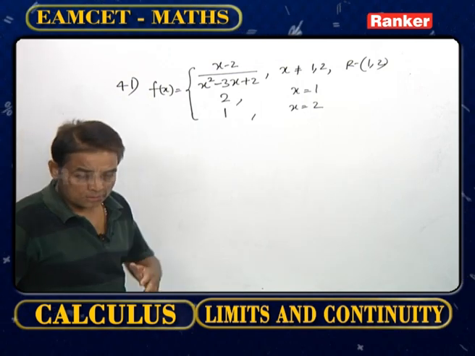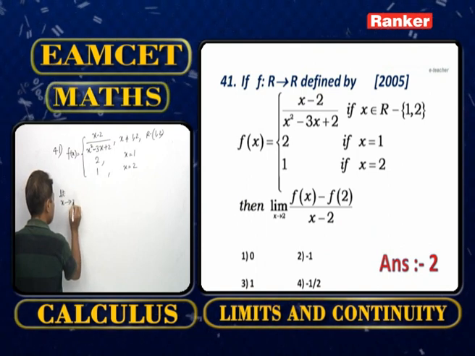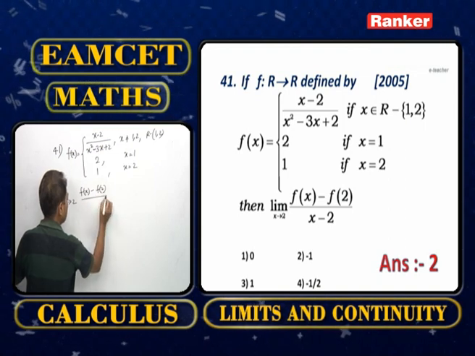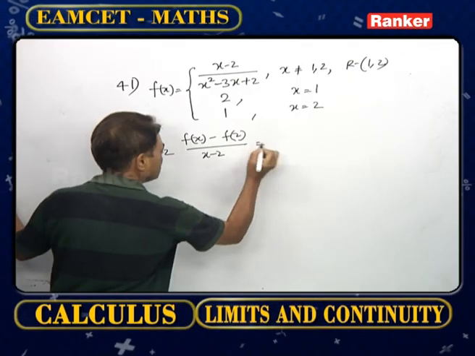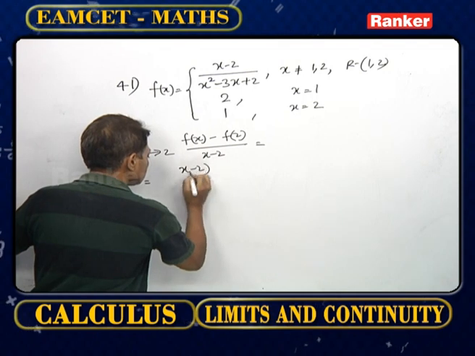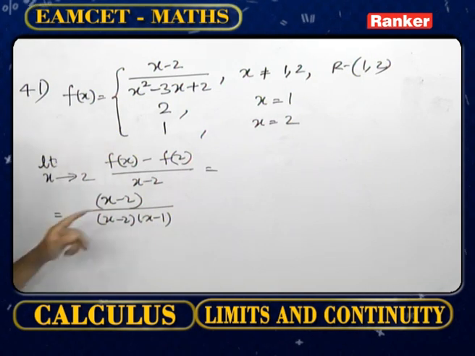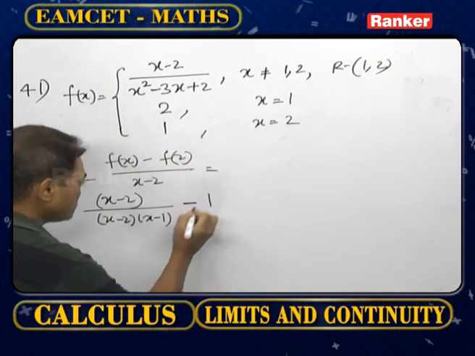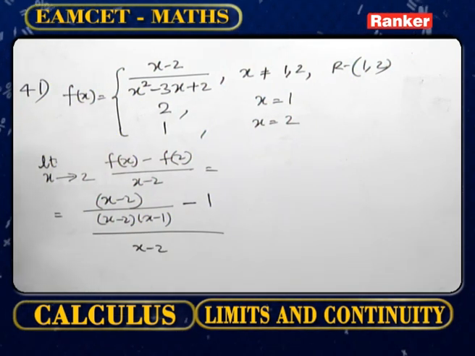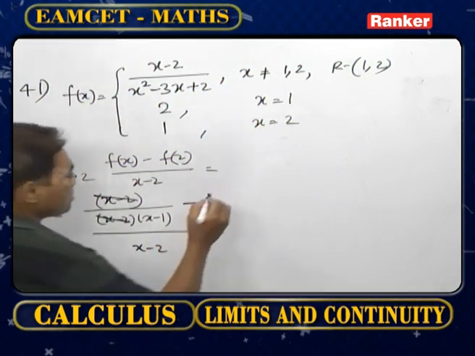This is the definition given for f of x. Now, what is the question? The question is given: limit x tending to 2 of f of x minus f of 2 by x minus 2. What is the value? Let us see. f of x means this one, minus f of 2, which is 1, by x minus 2. Let us simplify.